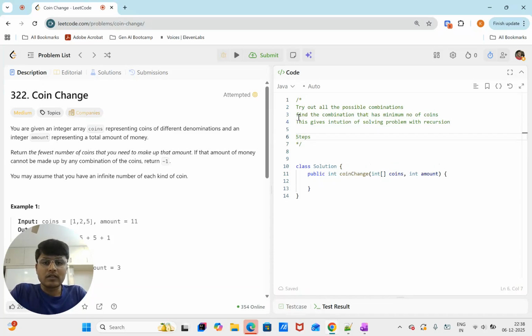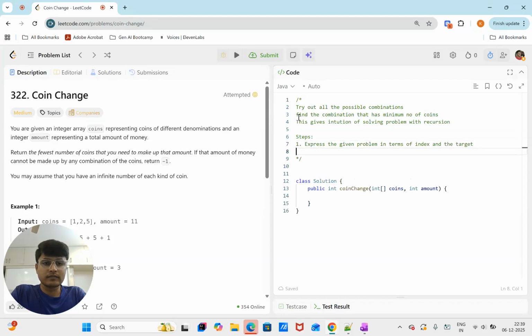What are the general steps we have to follow in this case? First step will be: express the given problem in terms of index and the target. Second, express all the possibilities, like take, not take.